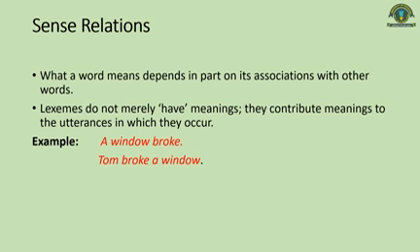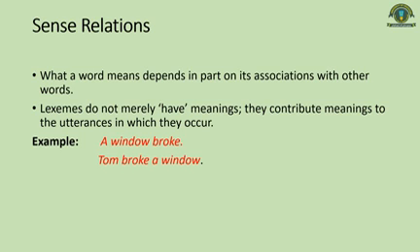And part of this relationship can be seen in the way words do or do not go together meaningfully. It makes sense to say, for example, John walked, and it makes sense to say an hour elapsed. It does not make sense to say that John elapsed or an hour walked.